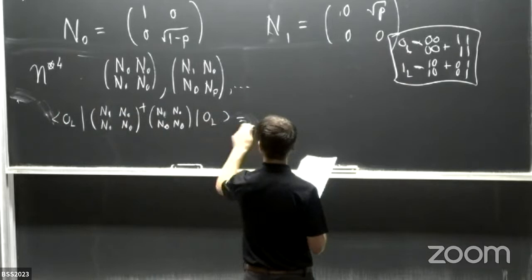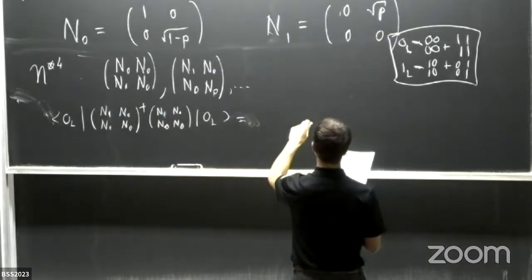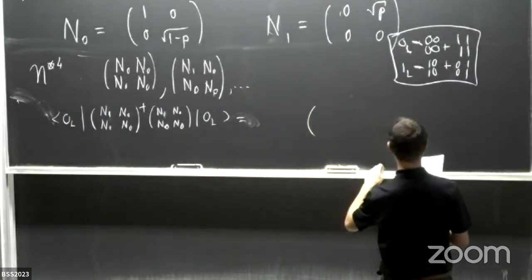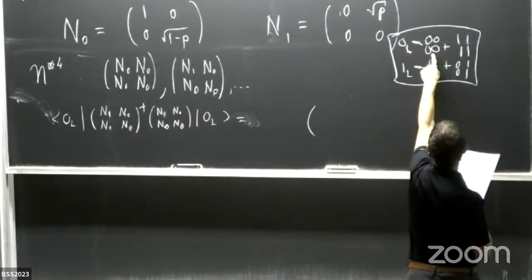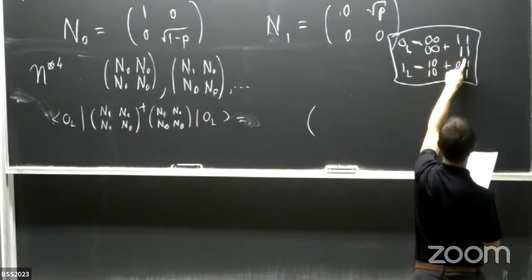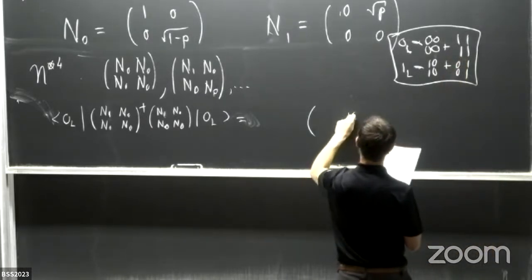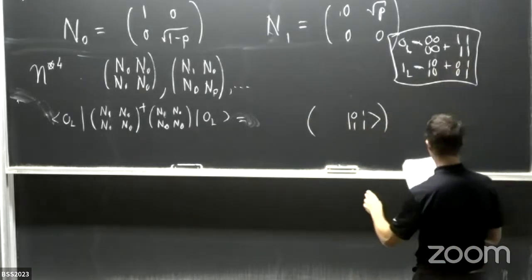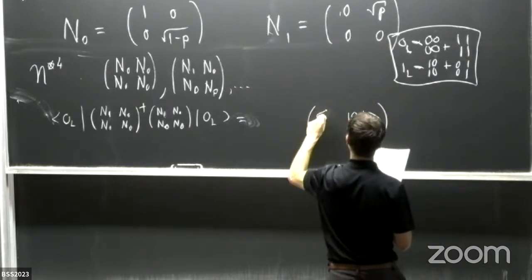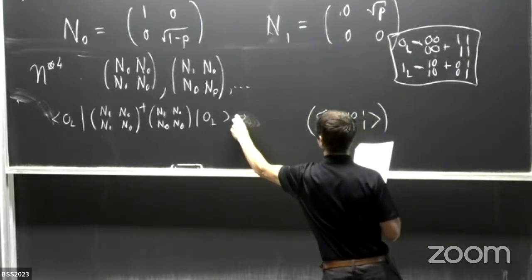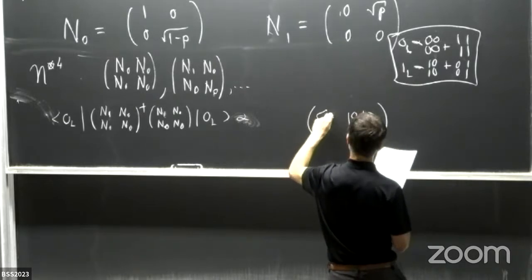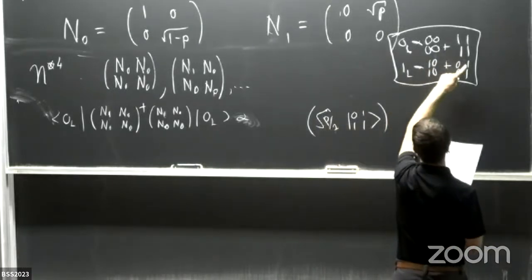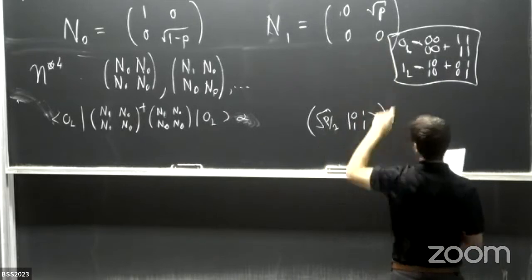So if we apply this thing, there it is, to this state, this is going to get killed, and this dropped. That dropped this 1 down, and it gave you a square root of 2 here from that square root, and then it gave you a p from that.